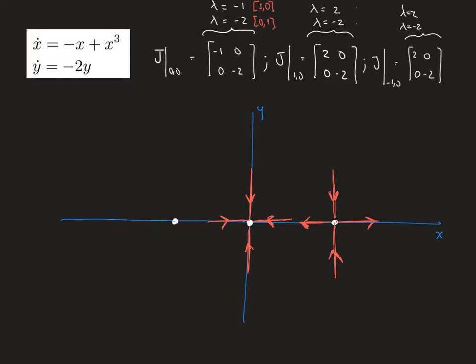And we can do the same for the third fixed point, which is -1, 0. So it's exactly the same Jacobian and the same eigenvalues. Therefore, we can just copy and paste from the previous one, the one on the right. So we get something like this.